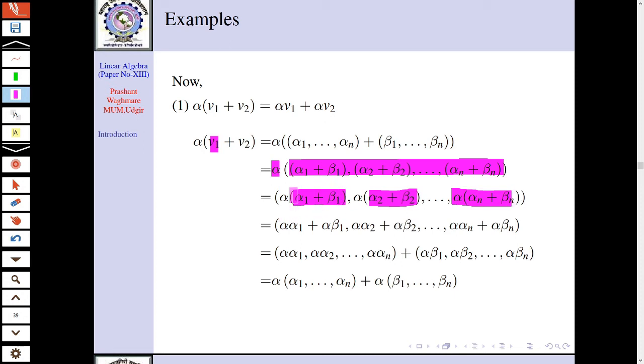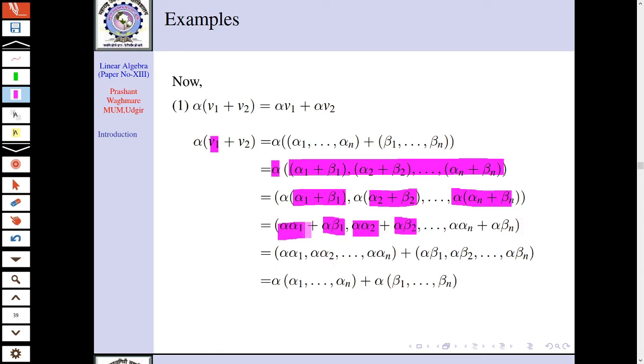Now as you can see, alpha 1 and beta 1 are elements of the field, and as a field is a ring, you can use the distributive property here. So alpha into alpha 1, alpha into beta 1, the same for alpha into alpha 2, alpha into beta 2, and so on.